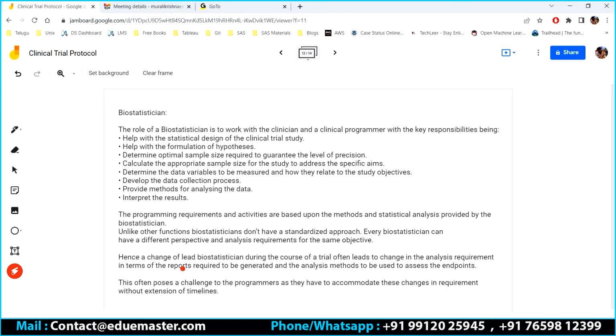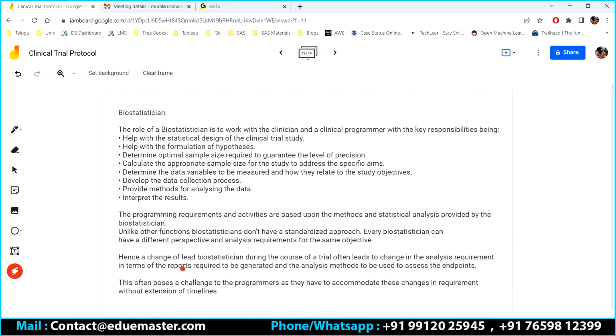When it comes to the interviews or when it comes to the roles, there is always a confusion. The confusion is, are the statistician and clinical SAS programmer similar roles or the same roles, or is there any difference between them? Remember, a biostatistician is entirely different from a clinical SAS programmer.